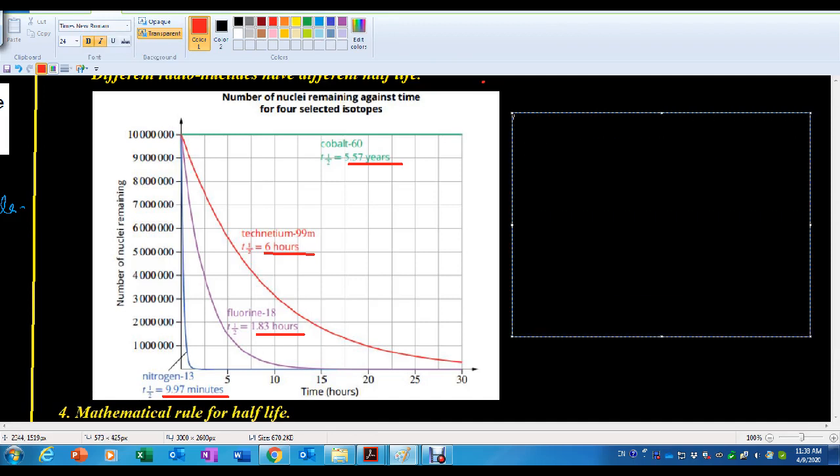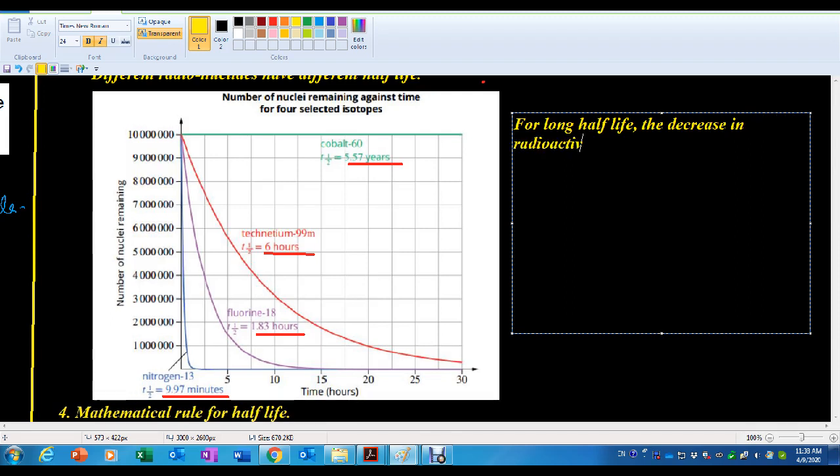So the conclusion is: for long half-life, the sample is in a steady state.